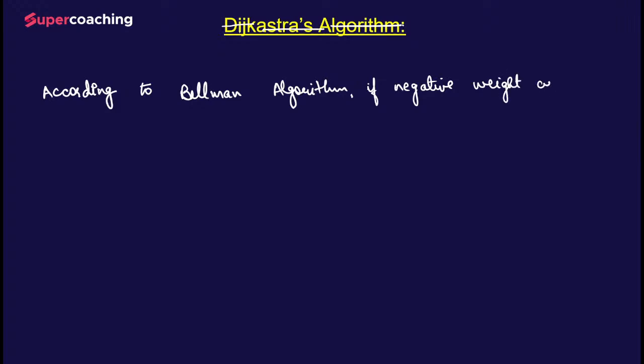Not possible, but at least it will report that negative weight cycle is present in the graph. Even it cannot return the shortest path, because if negative weight cycle is there, then shortest path is not possible. So it cannot return the shortest path, but it will find out the negative weight cycle in the graph.